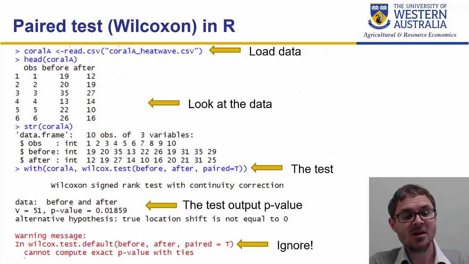How do we implement the test? Very straightforward. With my data set, apply the Wilcox dot test. My measurements were labeled with a column before and a column after, and I set the paired argument to true. There were some ties in the data set, so it gives us these warnings, but we don't really have to worry about those too much. We just look at the p-value decision rule, and for this sample there is sufficient evidence to reject the null.